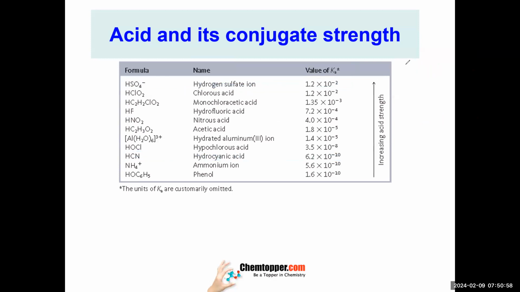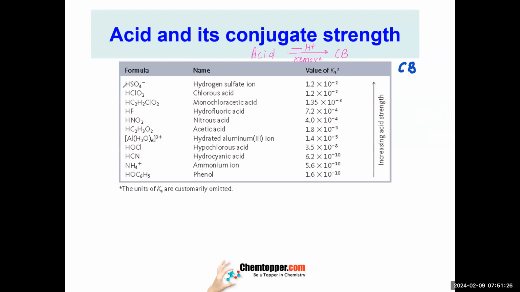Can you give me the conjugate base of all of them? Very fast. Conjugate base means your acid will be converted into its conjugate base if you remove H plus. Remove H plus mathematically. Remove one hydrogen and remove one plus charge.